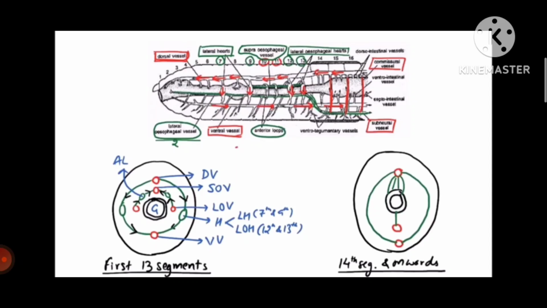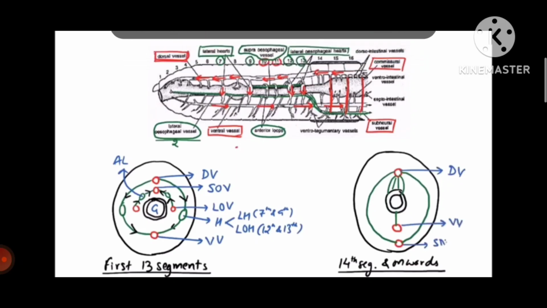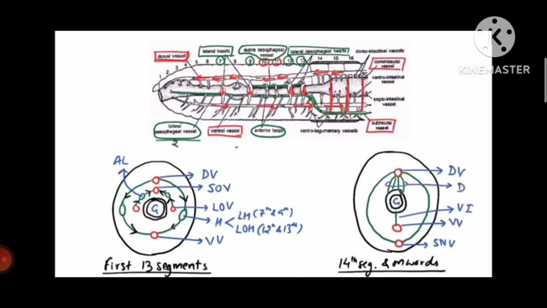So the blood vessels are, this one is dorsal vessel, this one is ventral vessel, this one is subneural vessel. This is gut. This is ventrointestinal. These four are dorsointestinals.